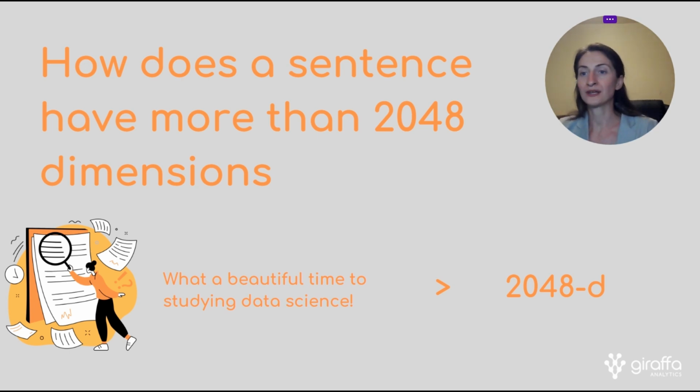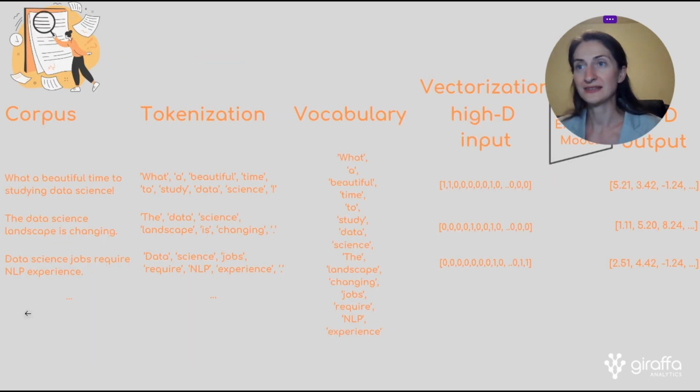So before going in the embeddings stage, the text undergoes some processing. The text in all of our documents is called a corpus, and each phrase within the corpus is split into tokens. That's called the tokenization phase.